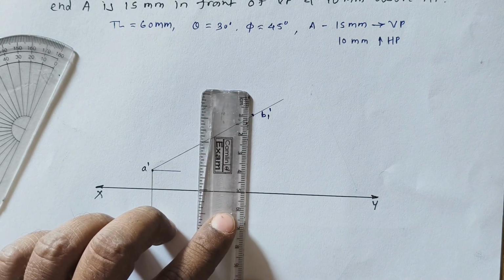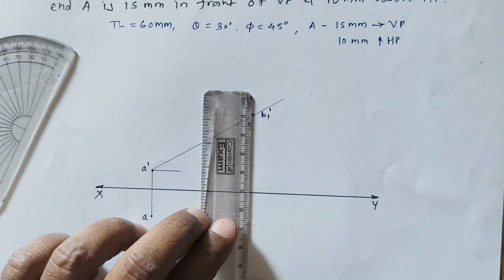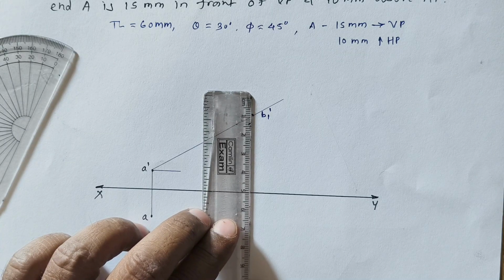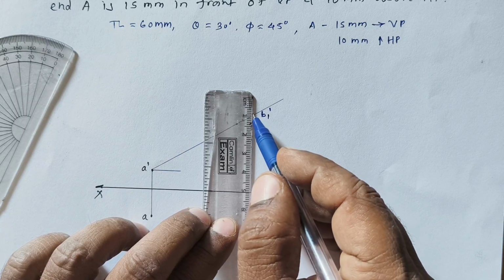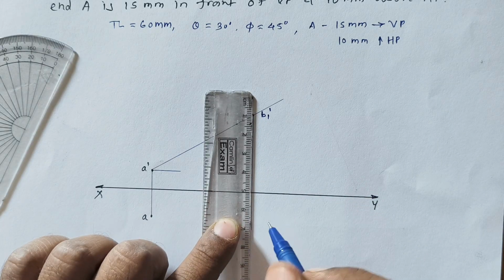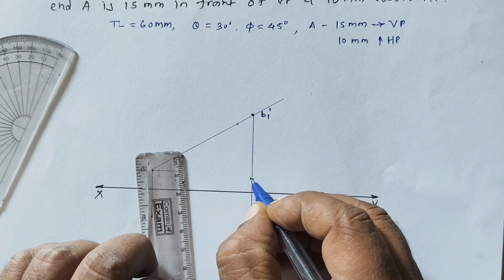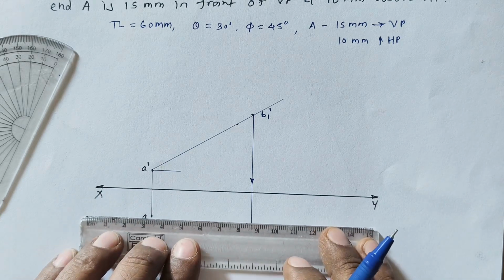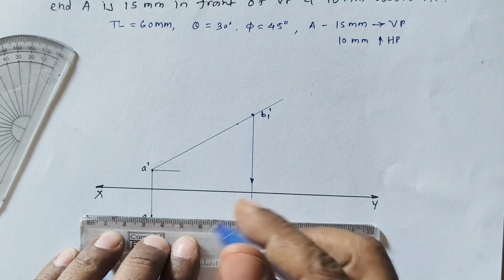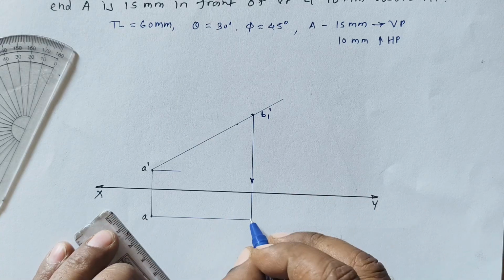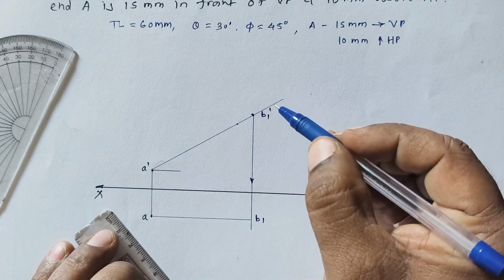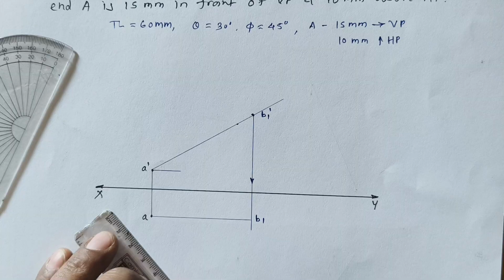In the first step we assume that the line is inclined to HP only and it is parallel to VP, so its top view will be a horizontal line. So project this for the top view, and here draw its top view as a horizontal line. So this is the B1. As this is B1 dash, this is the B1 point.